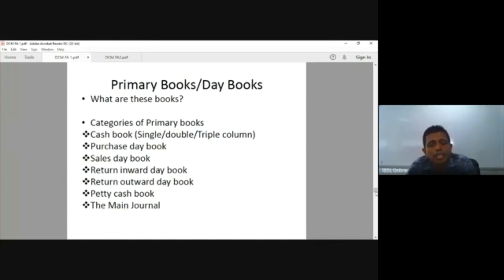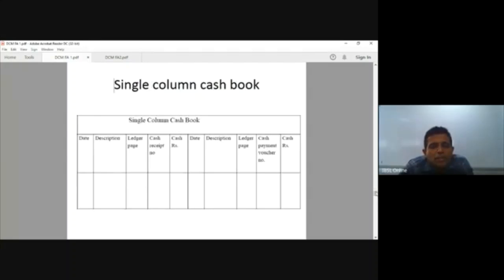Then purchase day book to write the credit purchases. Sales day book to write the credit sales. Then return inward day book to write the returned sales, return outward day book to write the returned purchases by the entity, then the petty cash book and the main journal.